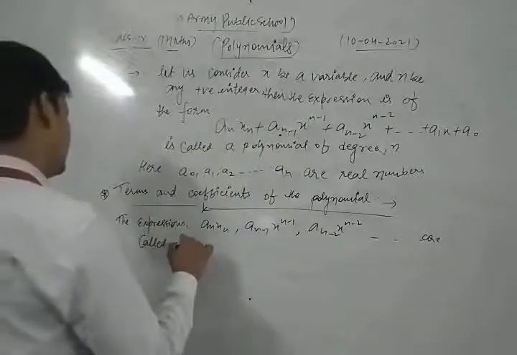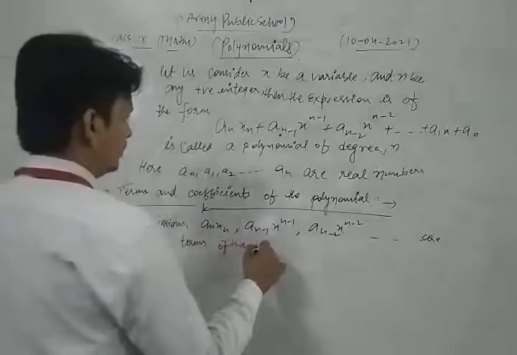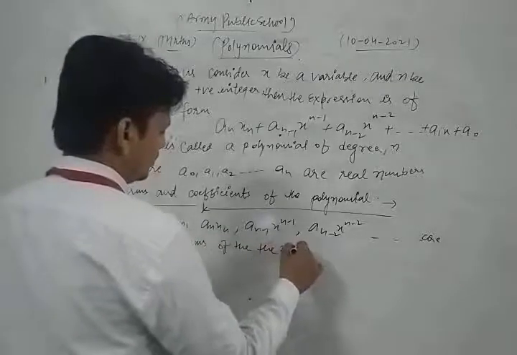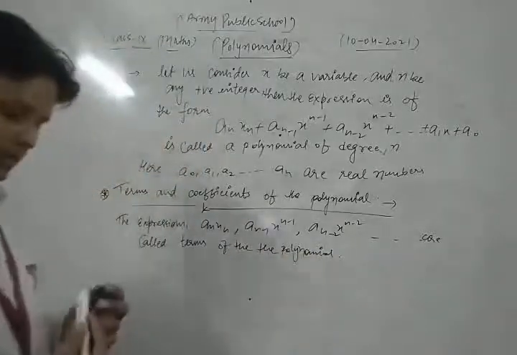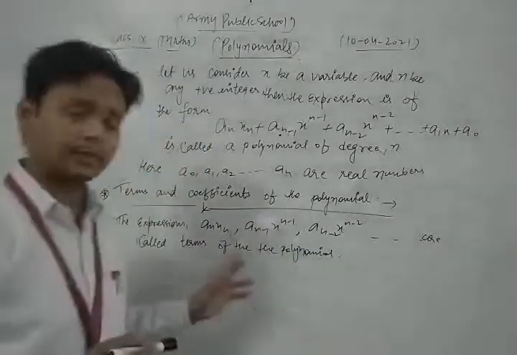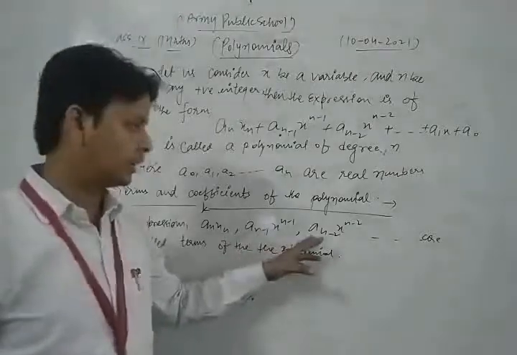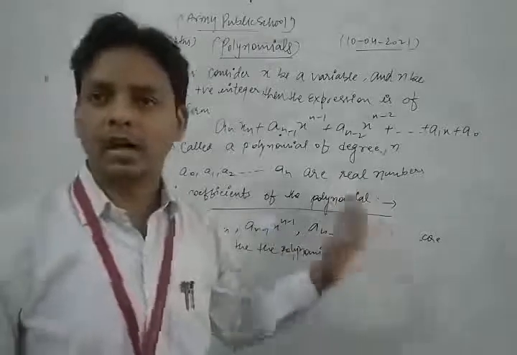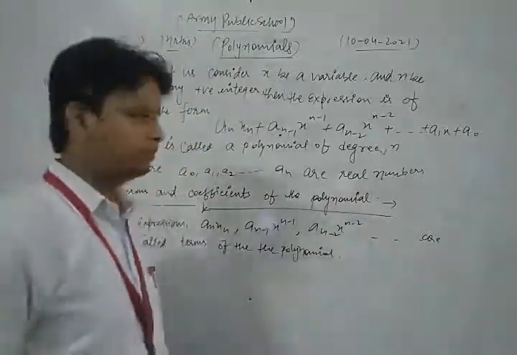are called terms of the polynomial. Okay, dear students, are called what? Terms. The expressions a_n x^n, a_(n-1) x to the power n minus 1 and so on are called terms of the polynomial.